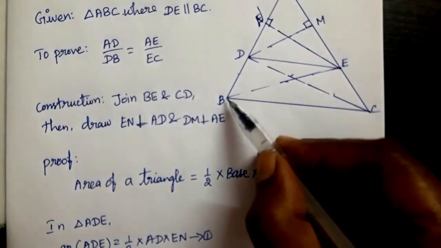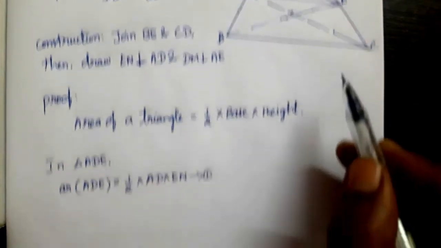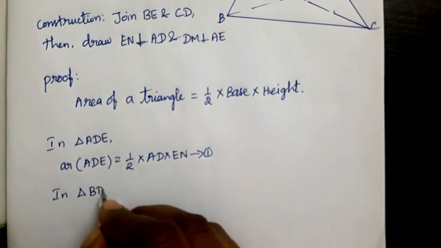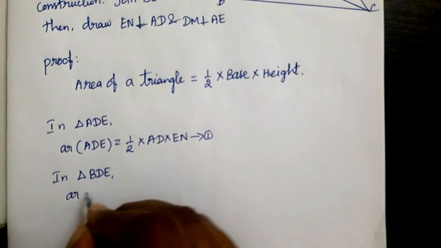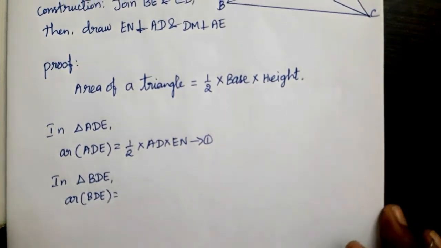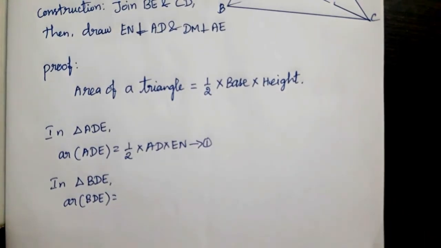Now let us consider triangle BDE. Area of triangle BDE equals, with the same formula, half into base into height.